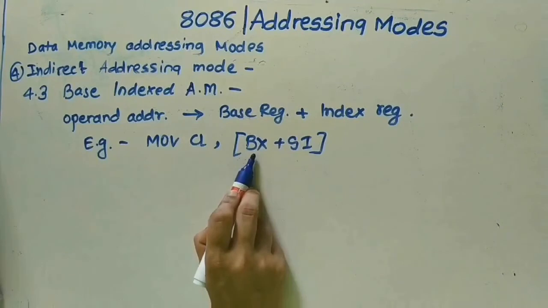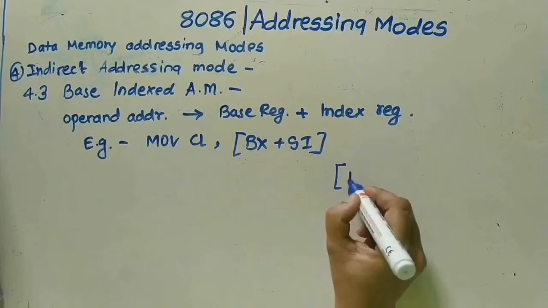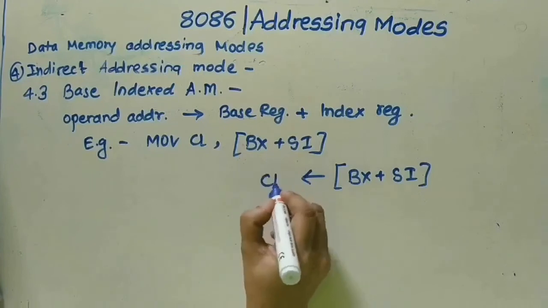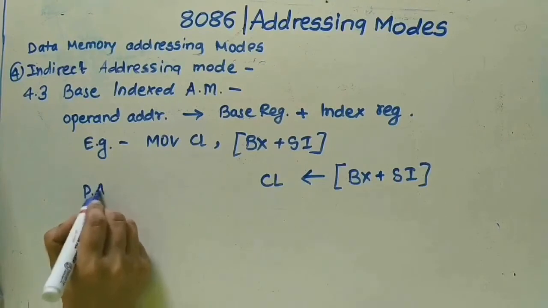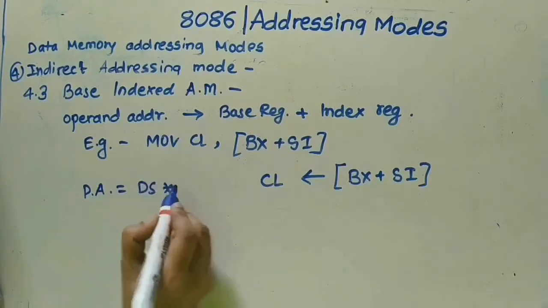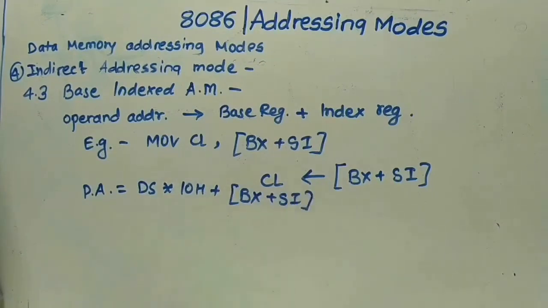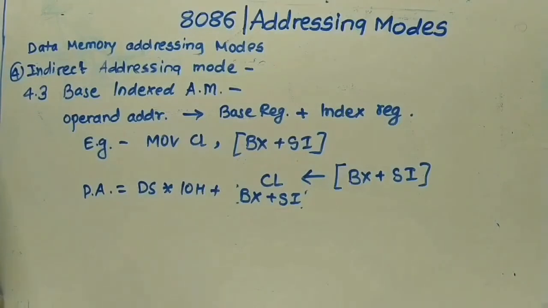BX is the base register, SI is the index register. So the contents pointed to by the address BX plus SI are moved into the CL register, and the physical address is calculated as DS into 10H plus BX plus SI. Here there is no need to use the square bracket, so it is BX plus SI. From this the physical address can be calculated.